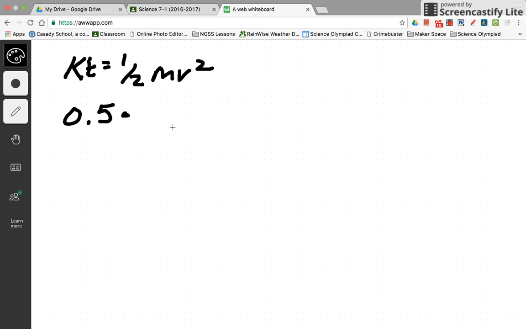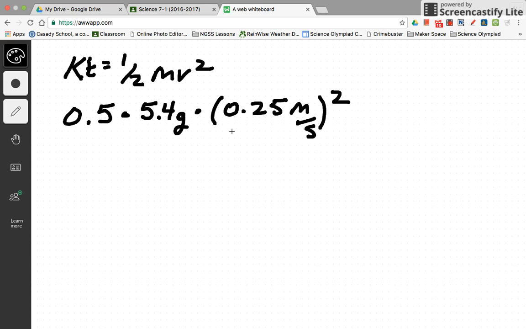We're going to multiply that by the mass of the ball, which in this case was 5.4 grams. And then we multiply that by the velocity it was traveling. I calculated mine, realizing yours might be different, as 0.25 meters per second. And I need to square that number. So there's my velocity squared.